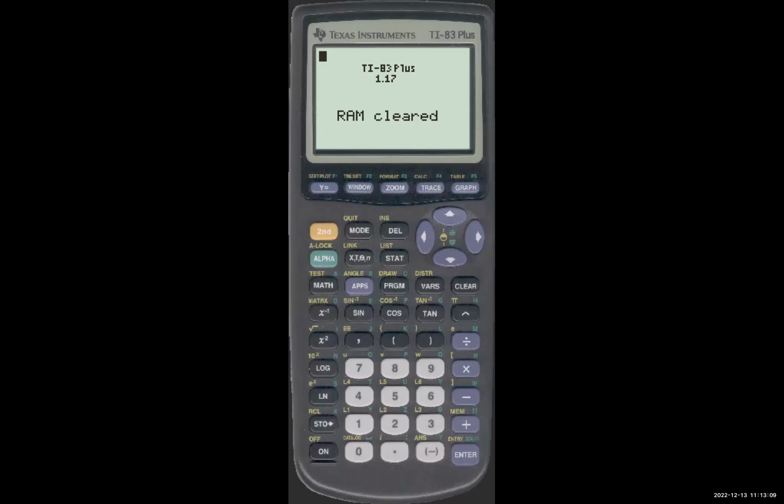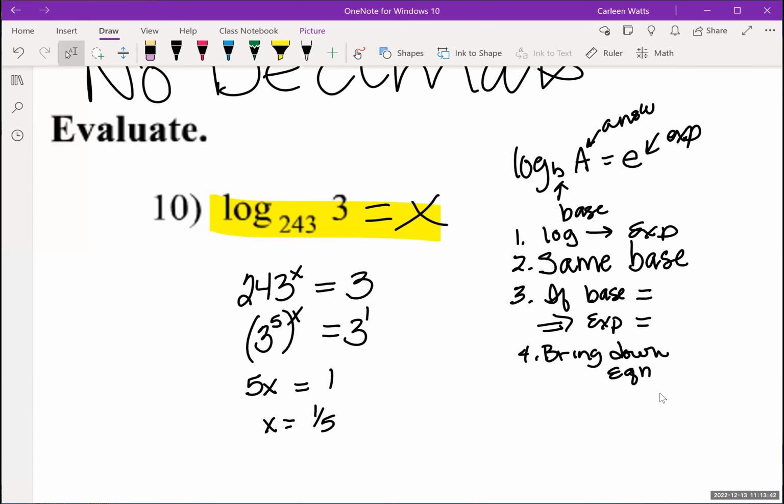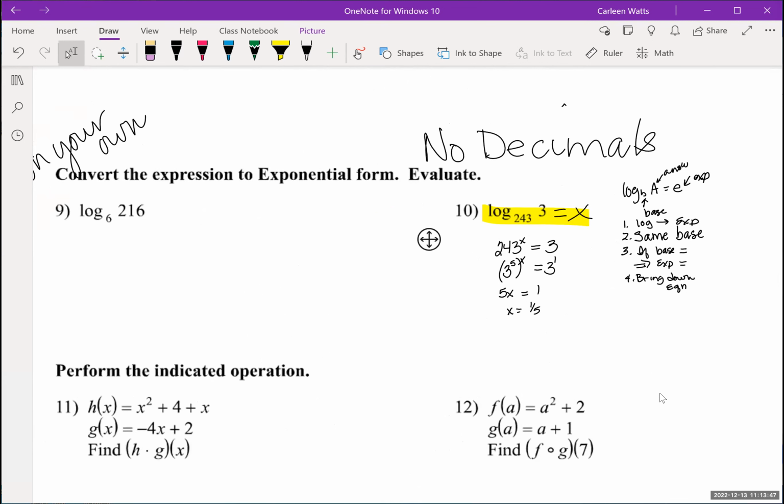Okay, hopefully you're seeing my calculator. 243 to the exponent, parentheses 1/5. Basically, you're taking the 5th root equals 3. So the exponent must be the fraction 1/5. Good question. Okay, number 9, you're going to do on your own.